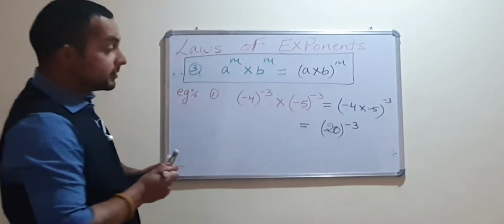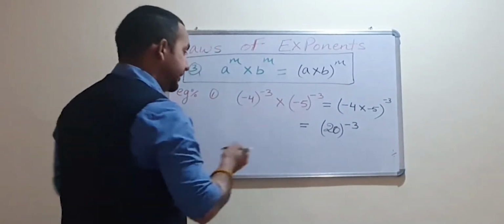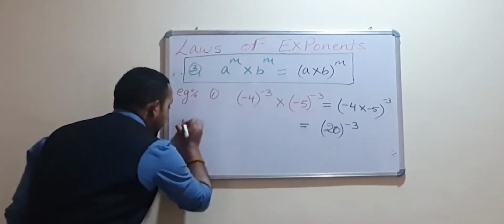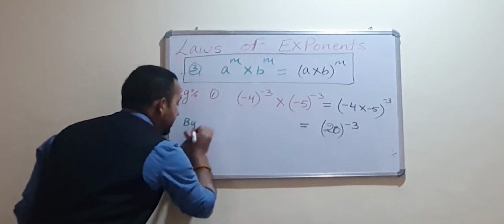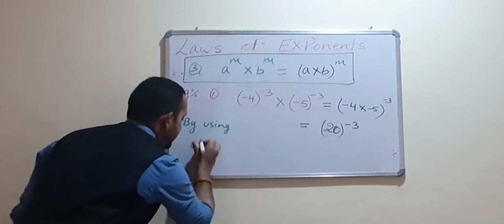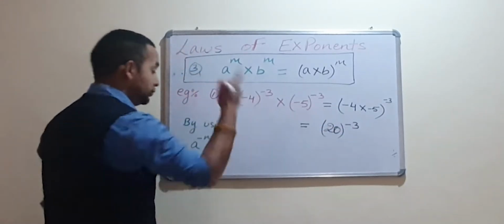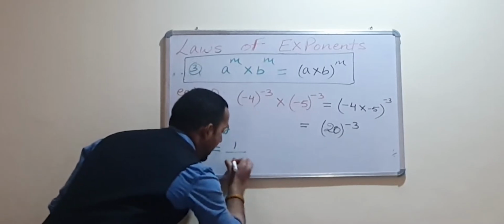Now again this is in the form of a raised to the power minus m, again a negative exponent. Again what we will do, by using a raised to the power negative m, we can make this negative exponent into positive by taking a reciprocal.